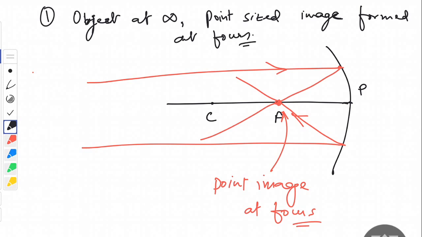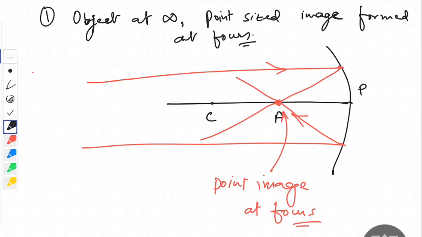Just take 30 seconds, write this down, draw this diagram, and we are done with the first case. The second will be more interesting. All of you have noted it down, I assume.